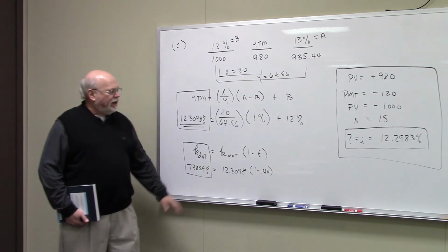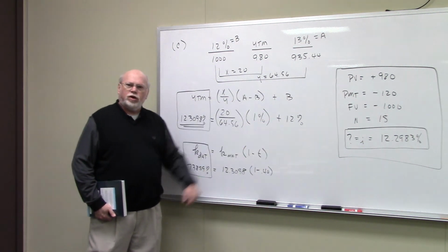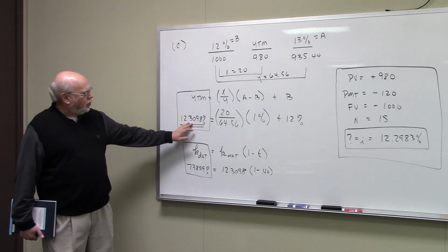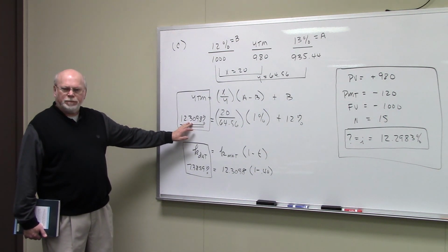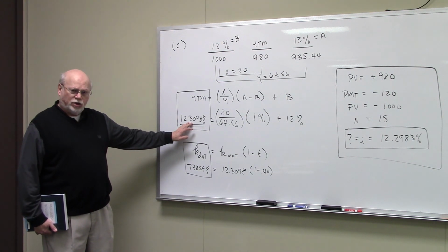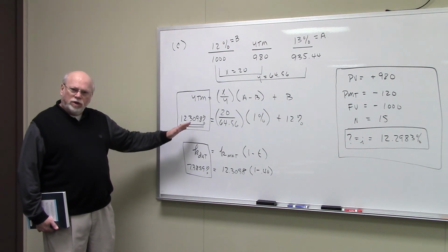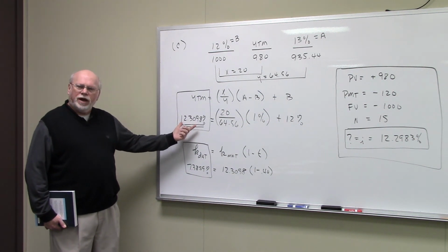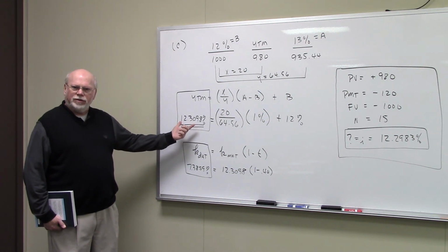And then we're going to add whatever this is to 12%. And if you do the math now, you get 12.3098%. Now that's the before tax cost of debt. That's one of the things that I wanted you to calculate. That's also the yield on the bond in the market, the interpolated yield.